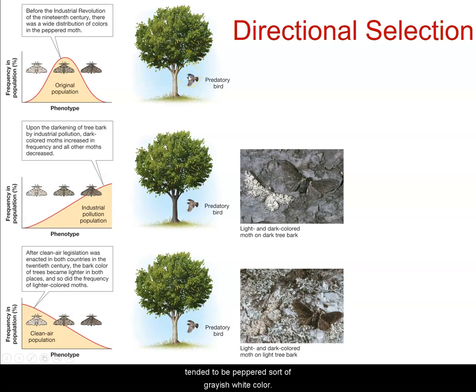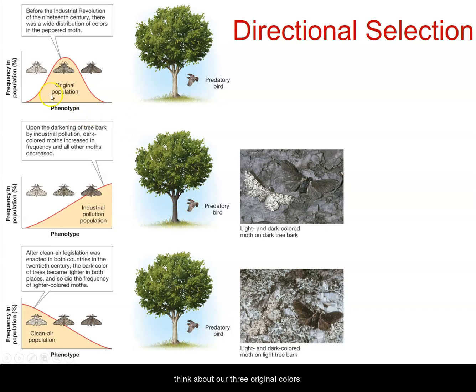And that meant that the white ones stood out on a tree and would get eaten by birds. Black ones stood out on a tree and would get eaten by birds. Therefore, most of the original population was peppered. Once the Industrial Revolution came, all the trees became dark because they were covered in soot.